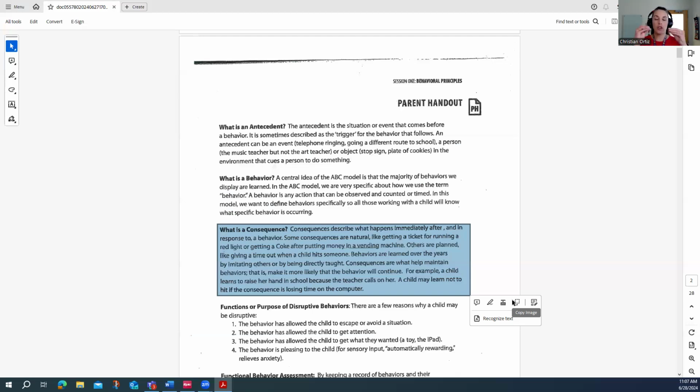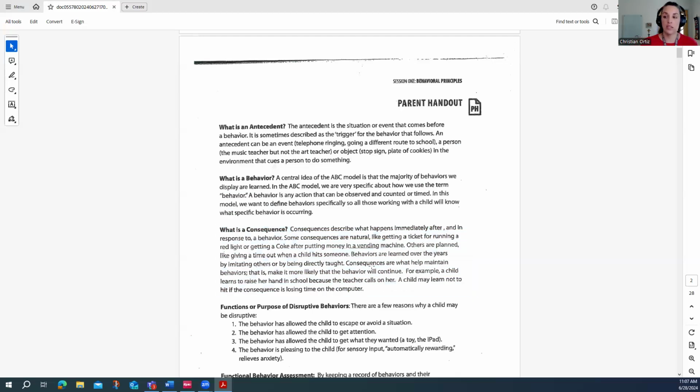A child may learn not to hit if the consequence is losing time on the computer. So when you're looking at behavior, the antecedent and the trigger will cause the behavior, right? What happens right after the behavior will either increase the behavior and allow it to continue, or it will decrease the behavior, meaning like, I don't want to do this anymore. So consequences will help maintain behaviors.